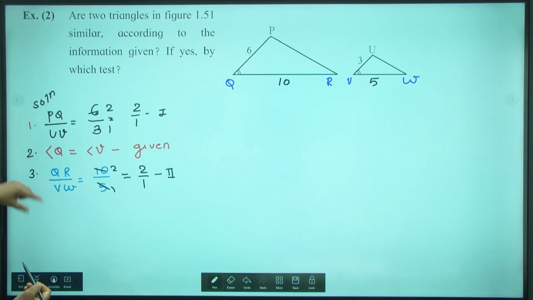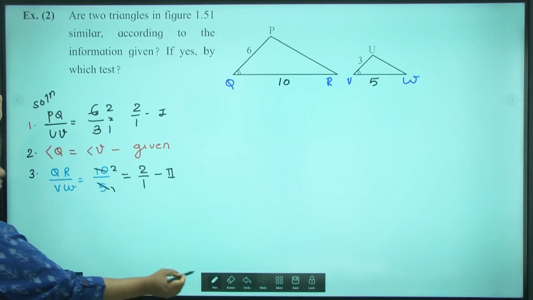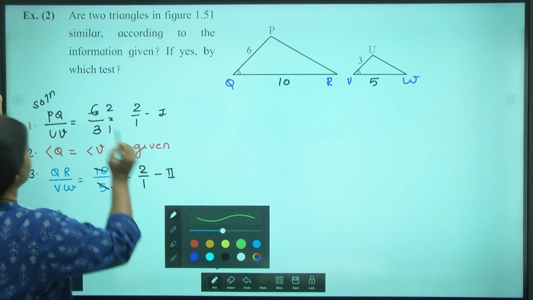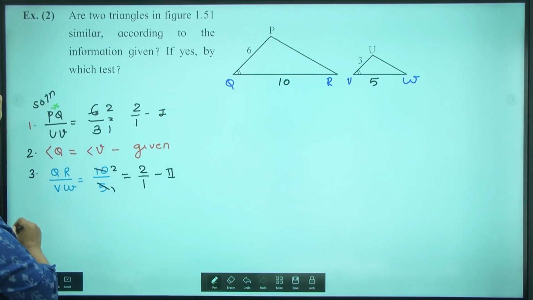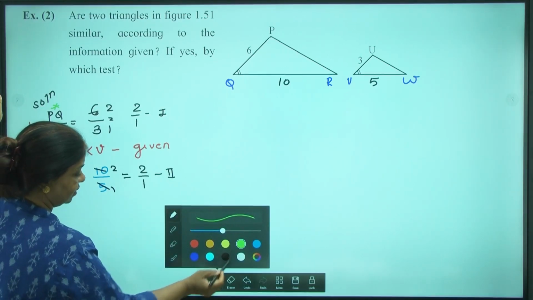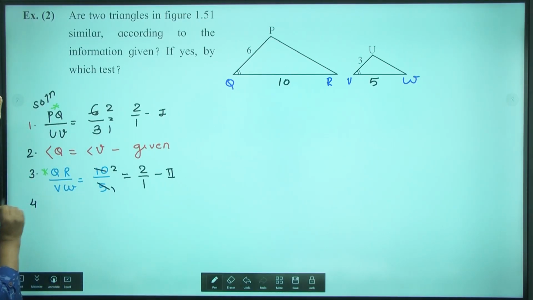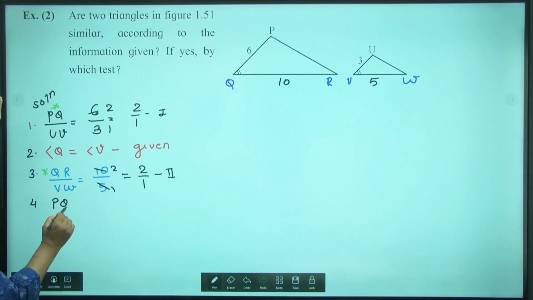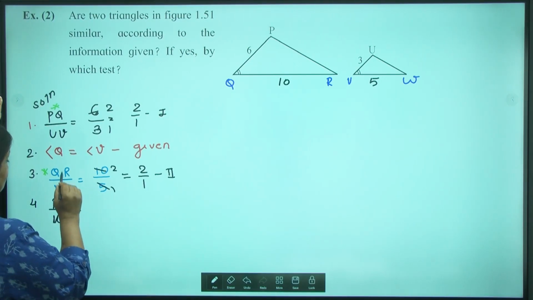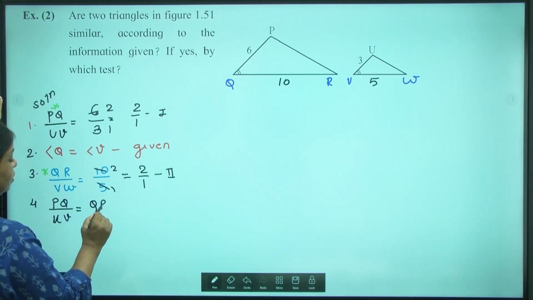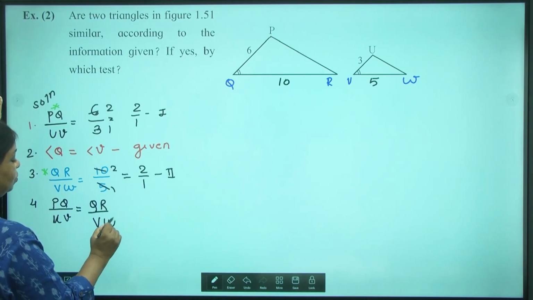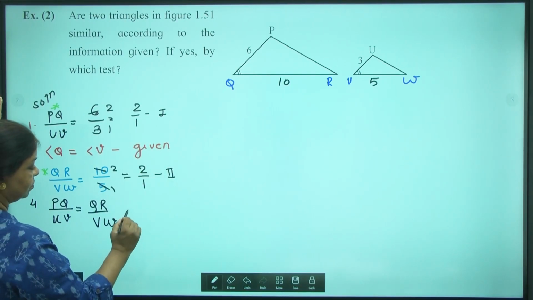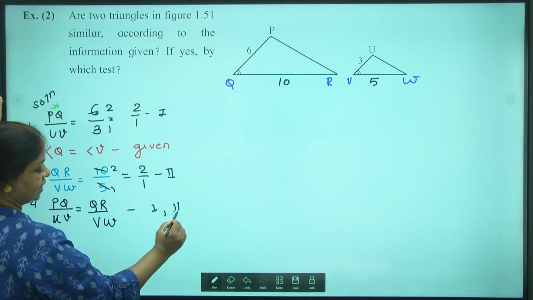So you see children, this ratio is equal to this ratio. So we can take the fourth statement: PQ upon UV is equal to QR upon VW, and that is from the first and second.